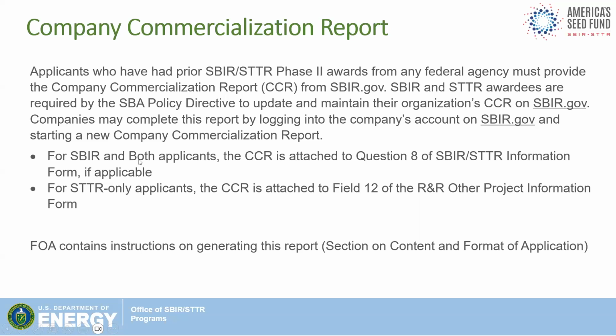For both SBIR and STTR applicants, the CCR goes to question 8 of the information form. For STTR only, because of a bit of a glitch in the information form, we do ask that you put it at field 12 on the RNR other project information form.